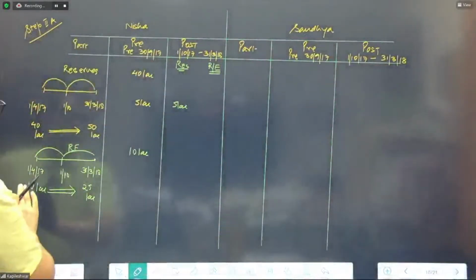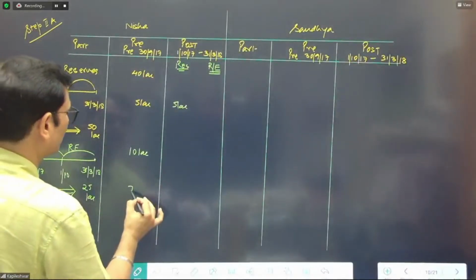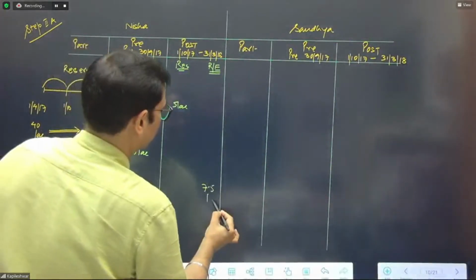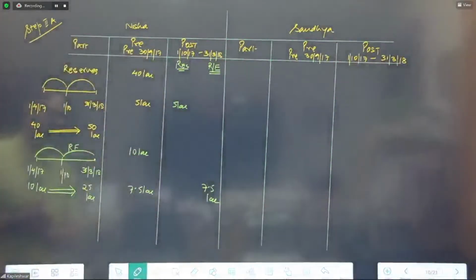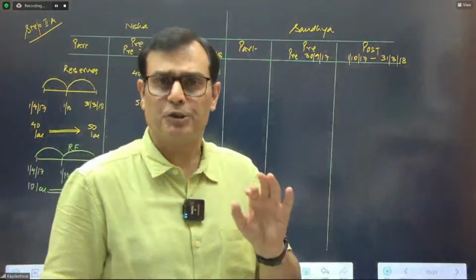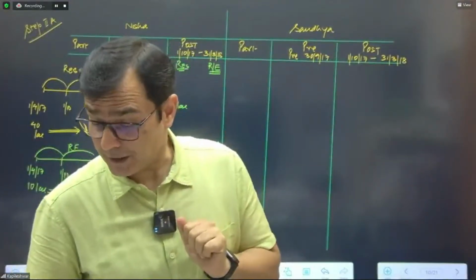So we can say this 15 lakhs will be divided in the time ratio. So 7.5 lakhs becomes pre, and here 7.5 lakh becomes post in nature. So I think my first block is done. I've taken care of the other equity in the subsidiary's balance sheet. No fair value adjustments given. Any stock reserves for Nisha?